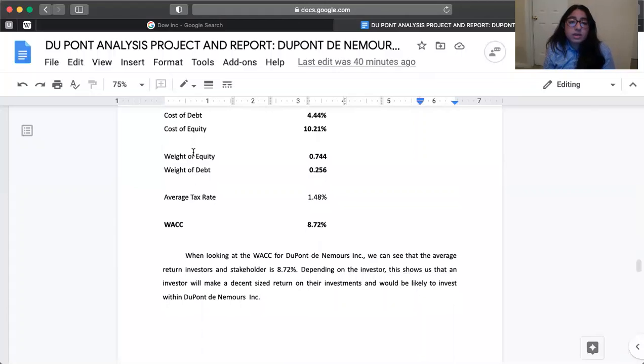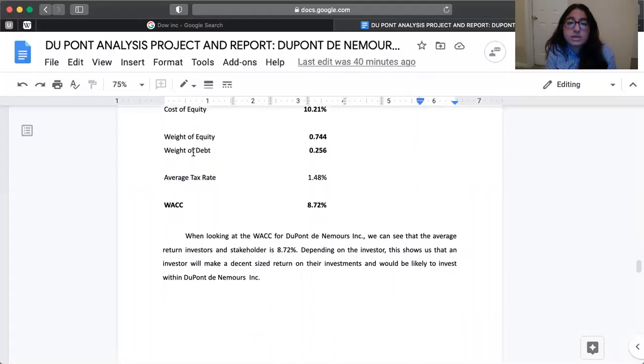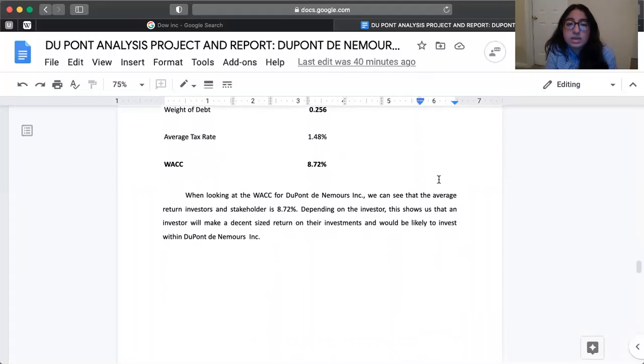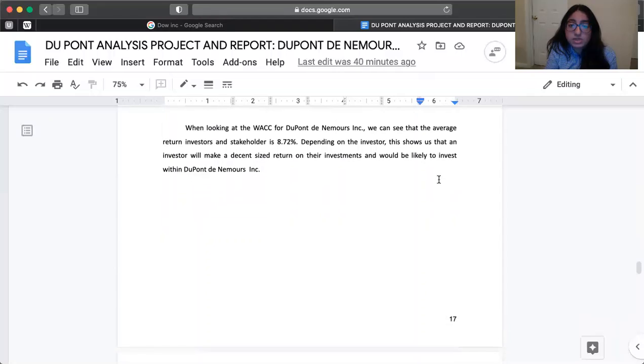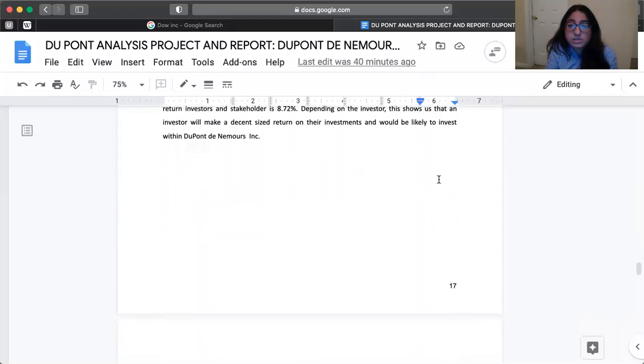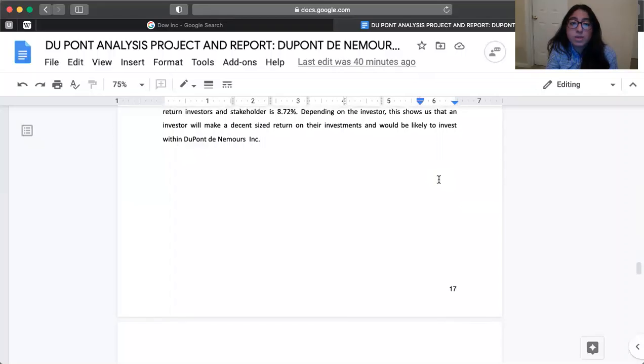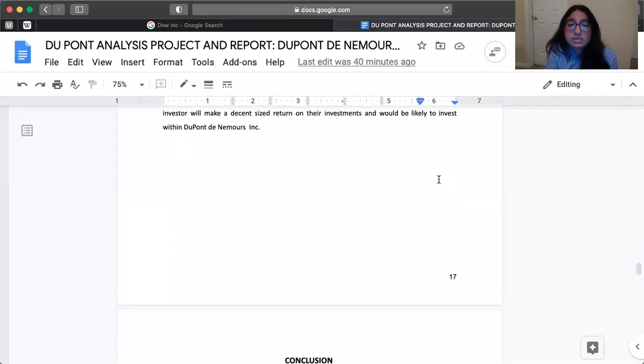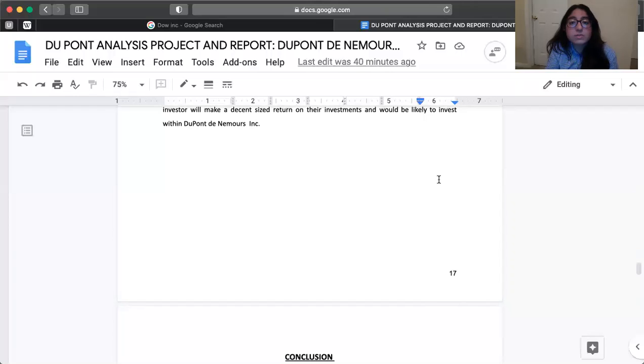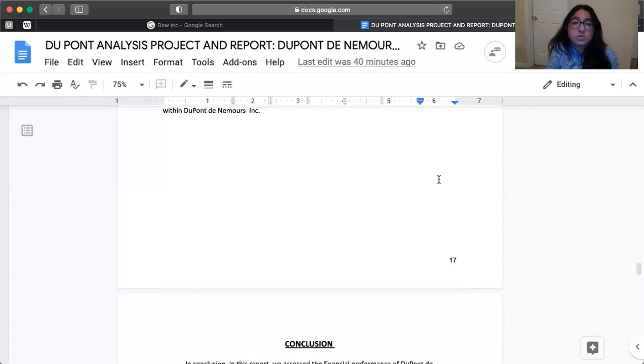Now, when we're looking at the WACC for DuPont, we see that the average return for investors and stakeholders is 8.72%. Depending on the investor, this shows that an investor will make a decent sized return on their investments and would likely invest in DuPont.